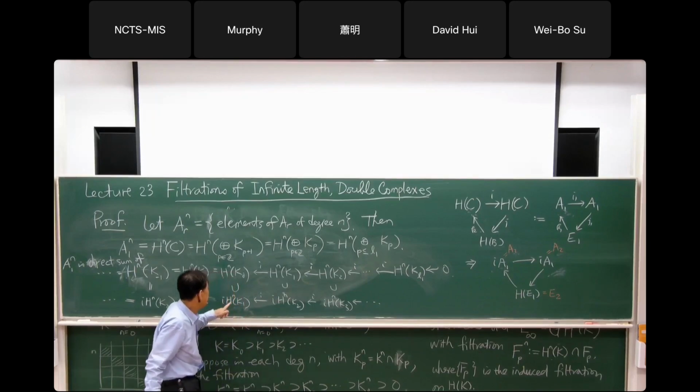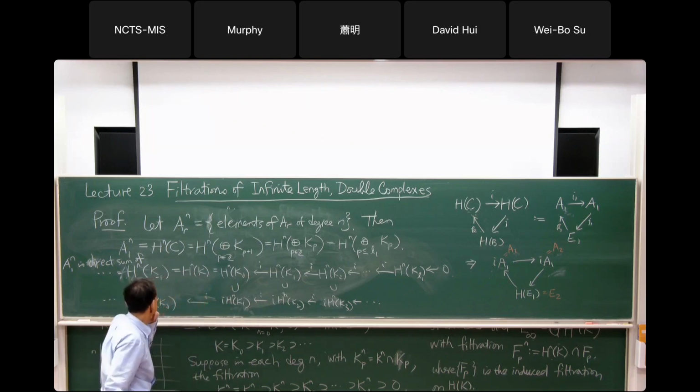So this is a commutative diagram. And when you look at this map I, going this way is the same as going this way.